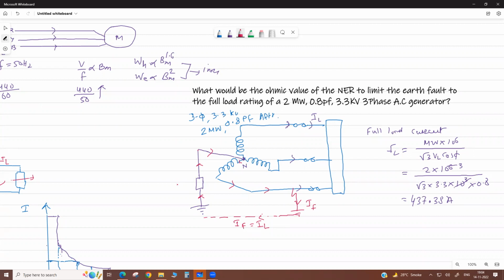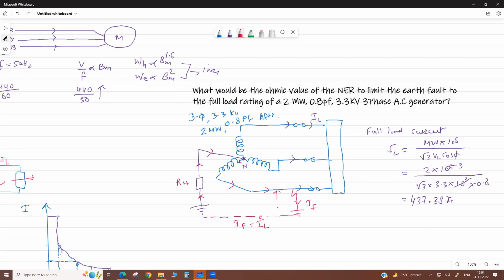Then what is the value of this resistance? Actually this is one closed circuit. Let us neglect the winding resistance, which is very few ohms. Across this closed path, what is the potential applied?